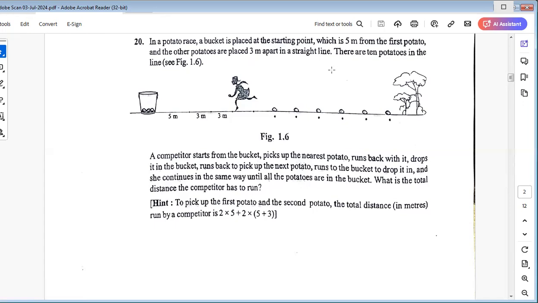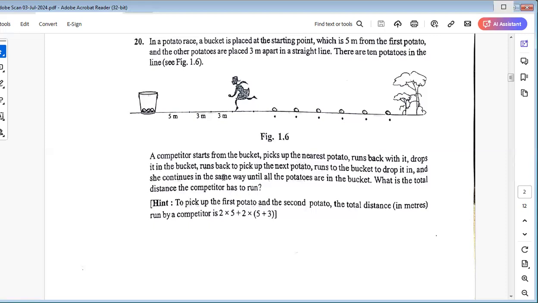There are 10 potatoes in the line. A competitor starts from the bucket, picks up the nearest potato, runs back with it, drops it in the bucket, runs back to pick up the next potato, runs to the bucket to drop it in. And she continues the same way until all the potatoes are in the bucket. What is the total distance traveled by the competitor in doing so?